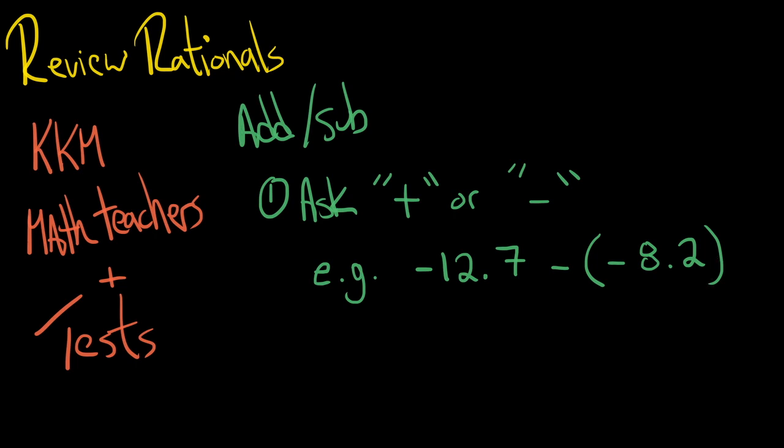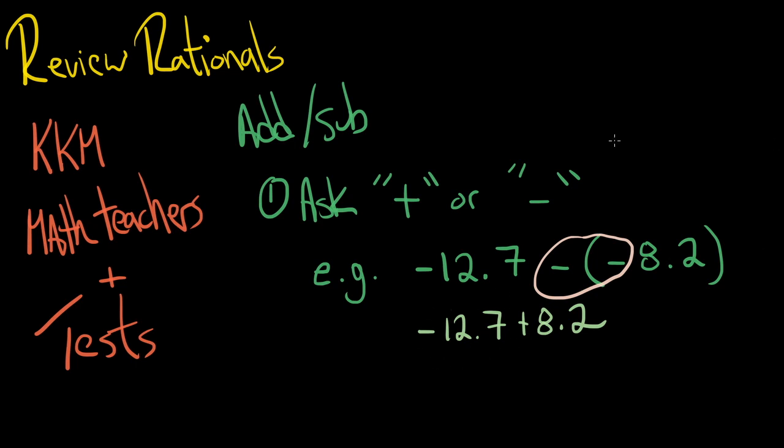And you're looking at this, and first off, I hope that you notice that you have a double negative, so that's going to become a positive. So you have a negative 12.7 plus 8.2. When you're asking yourself, is it going to be positive or negative, you check whether you have more negatives or positives. This one has more negatives, so right away you know that.